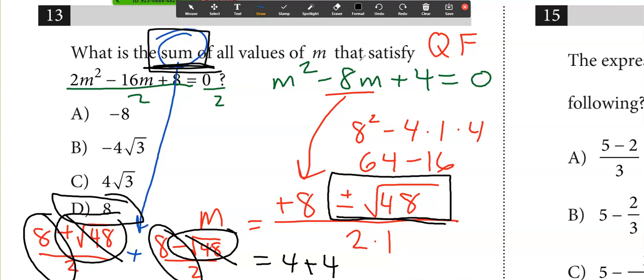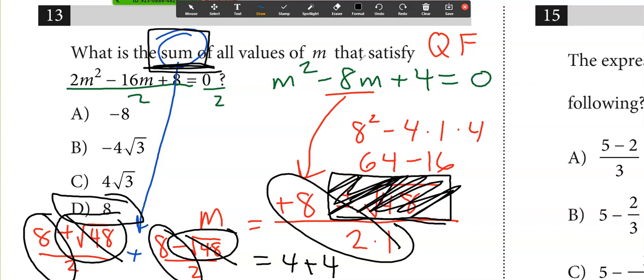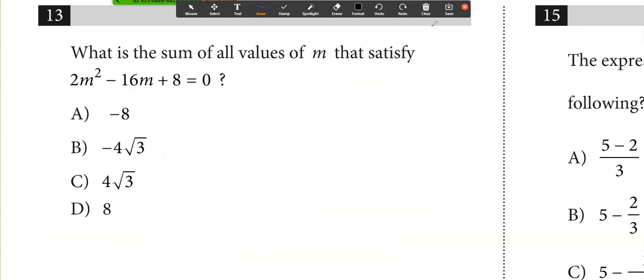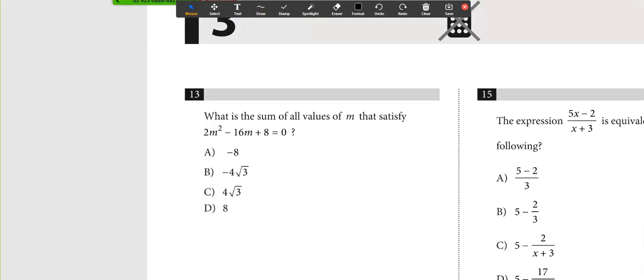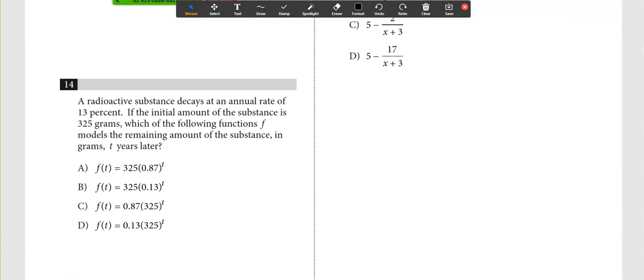So don't even worry about this part. We're focusing on this part and doubling it, basically. So I know lots of students would find the discriminant on that question and not need to.